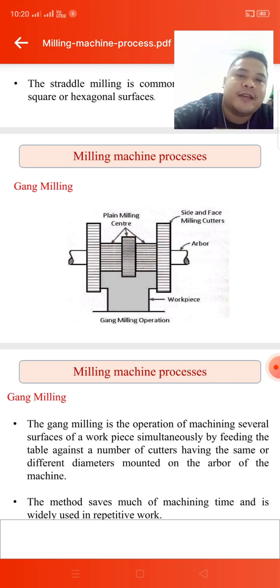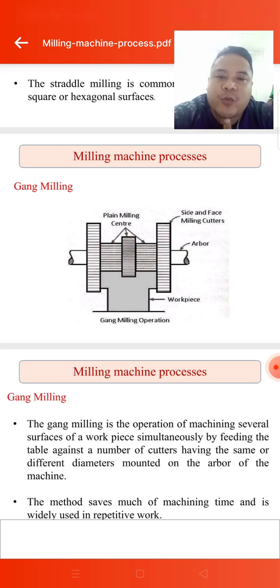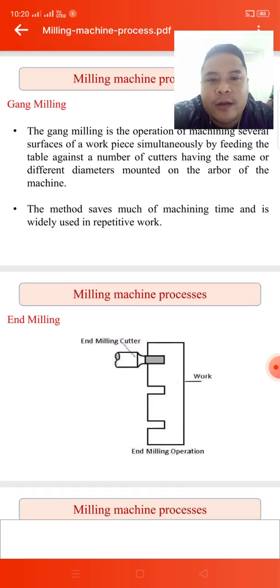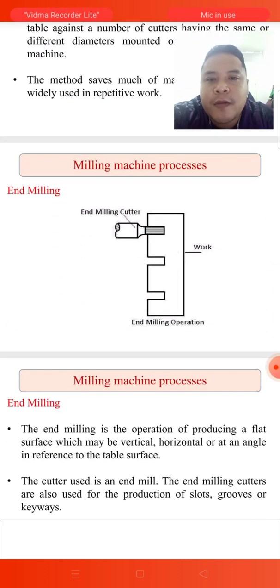Then the cutting force is on the left and right of the workpiece, and additionally we have cutting pressure on the upper middle of the workpiece. I will not read the definition because it takes too long.